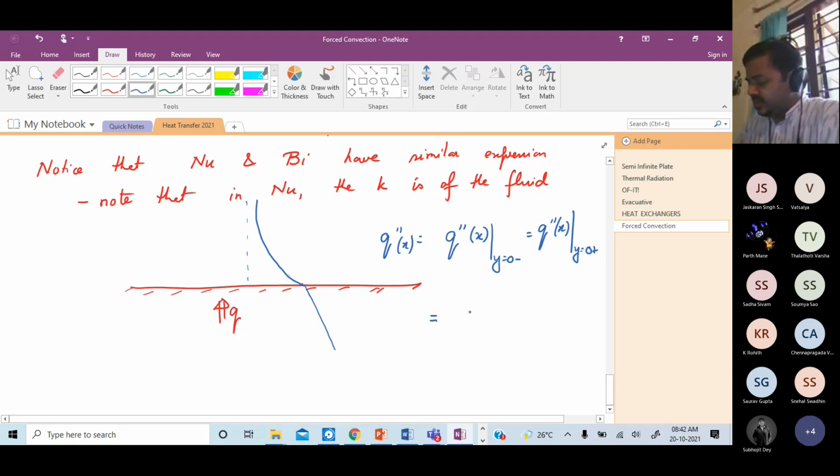So that is equal to, not implies right away. Therefore, this is equal to what? On the minus side, that is conduction through the solid.